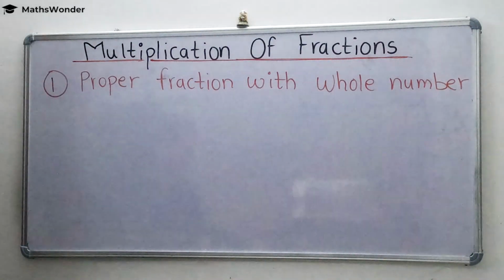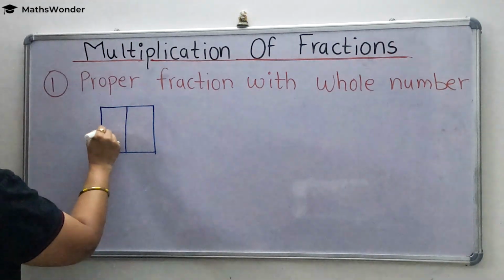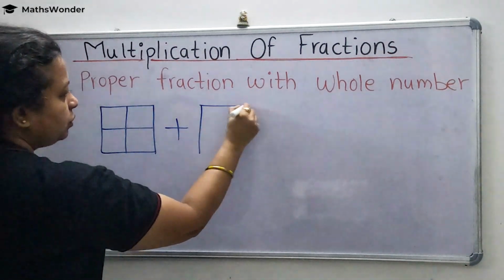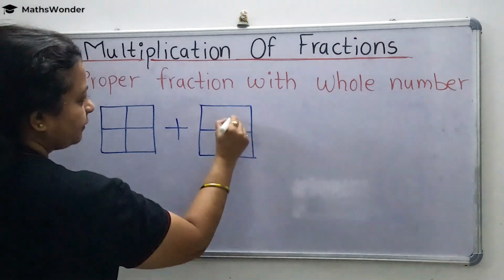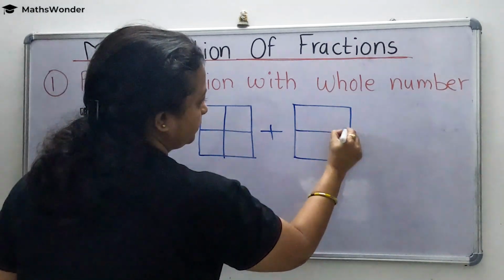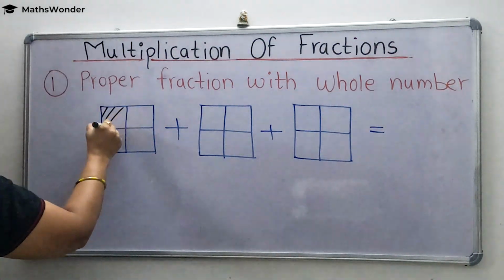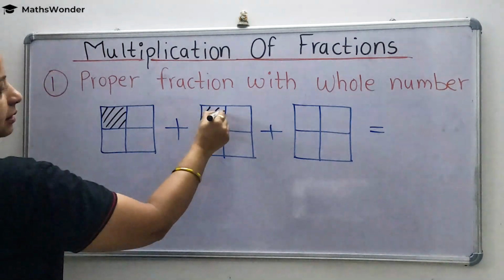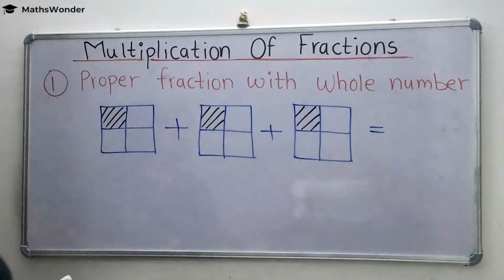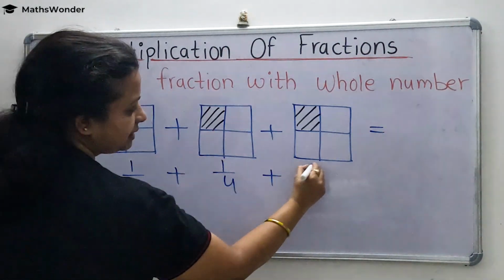Now, another example. Suppose we have a square and we are dividing it into 4 equal parts. The shaded strips represent 1/4 area of each square, right?